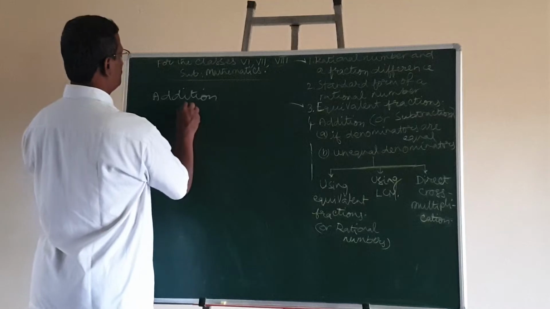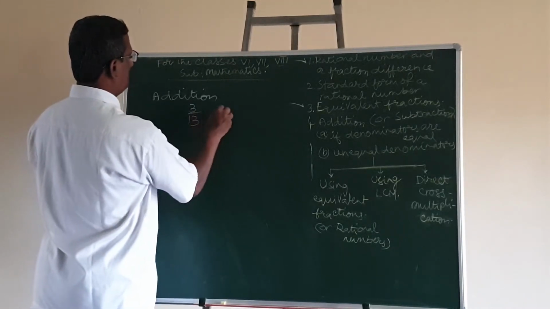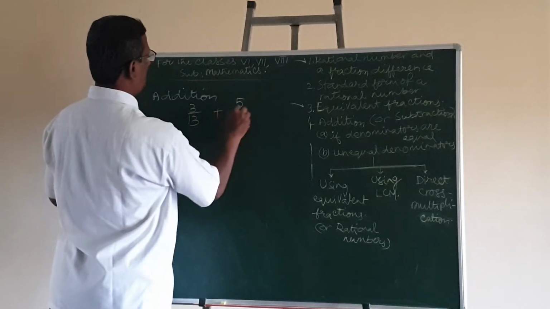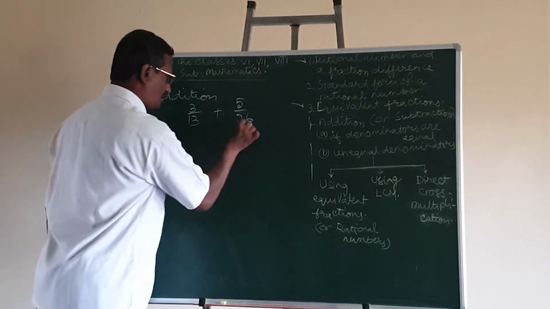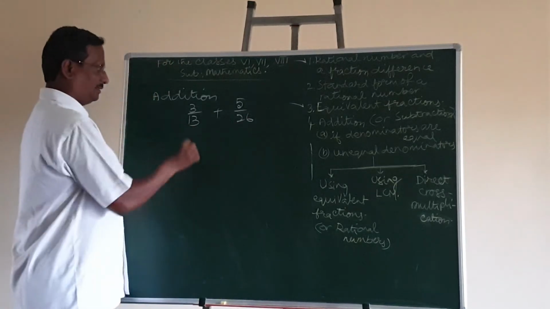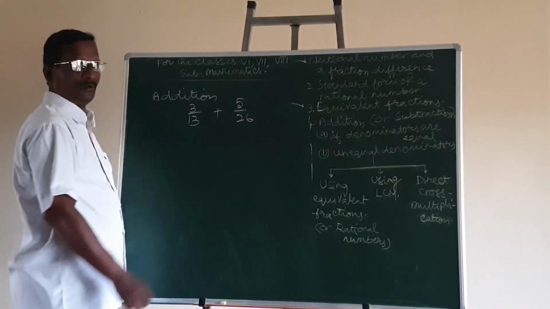Here, 3 upon 13 and 5 upon 26. The two denominators are 13 and 26. 13 is a factor of 26, or 26 is a multiple of 13.